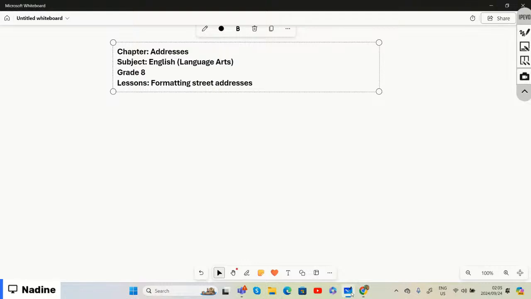Our subject is English language arts. We're doing grade 8. And the lesson that we are going to be focusing on under the chapter of addresses is formatting street addresses.